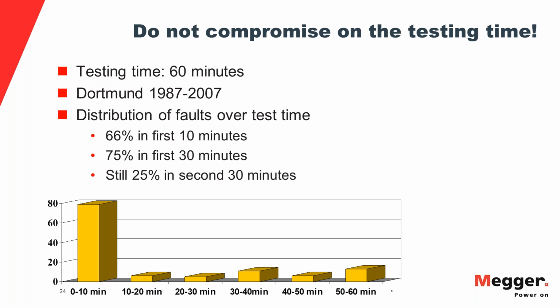And then when you would stop prematurely, then you also don't get the statistic reliability which came out of this study. These 97% for 2 to 3 years definitely come from Dortmund.